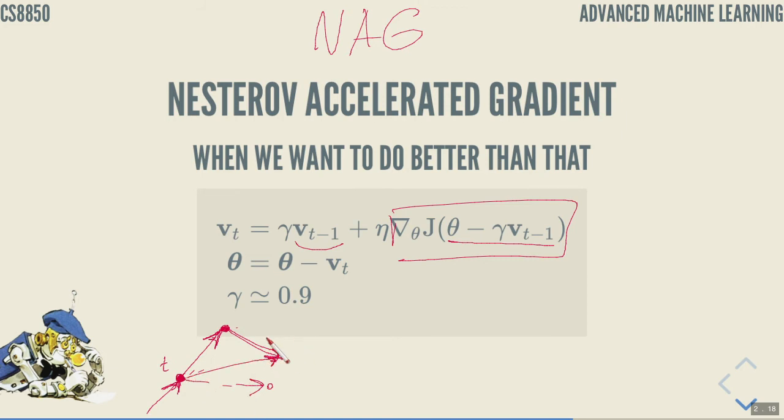So instead of going here, following this gradient, we will end up at this point. So the interesting part about Nesterov's gradient is that it provably converges, and it converges inversely quadratically, not linearly but sublinearly, right?